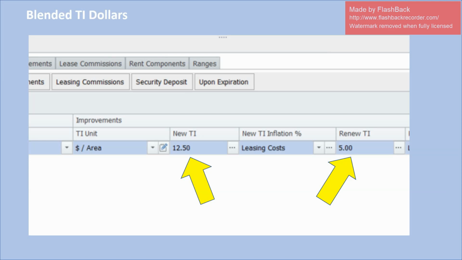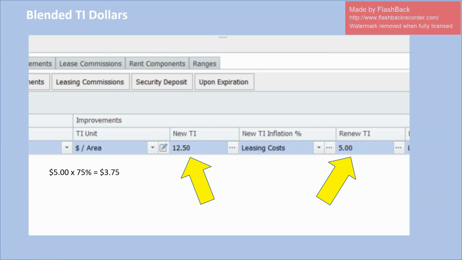So in a similar way, as we talked about with the downtime, Argus is going to assign a probability of each of these scenarios happening, essentially. So there's a 75% chance in our instance here that we have to execute this $5 scenario, and there's a 25% chance that we have to go out and get a new tenant, and it costs $12.50.